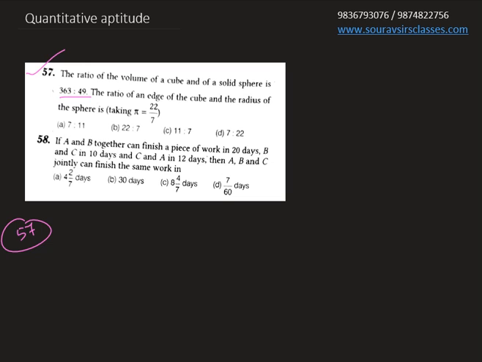So first of all, we assume that the side of the cube is A, and the radius of the solid sphere is R.